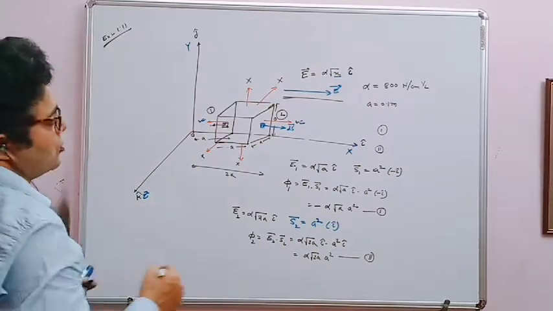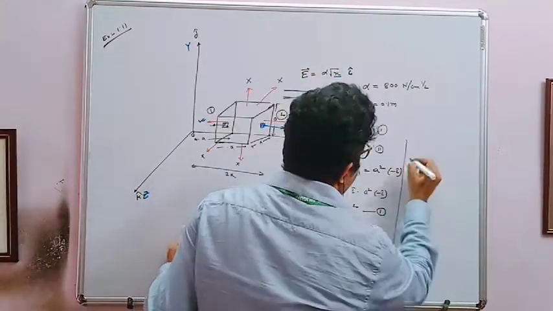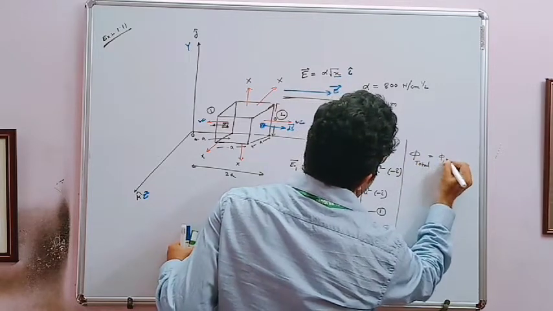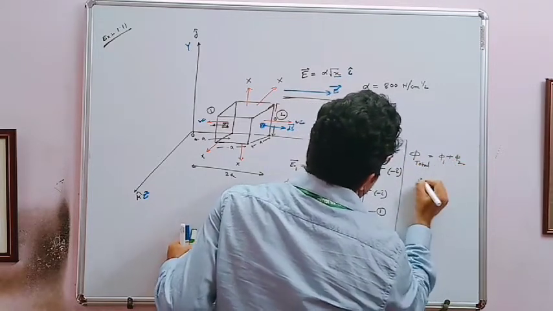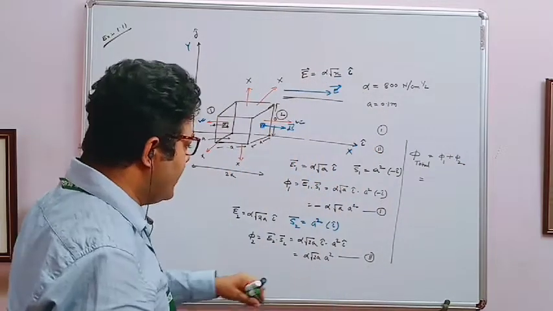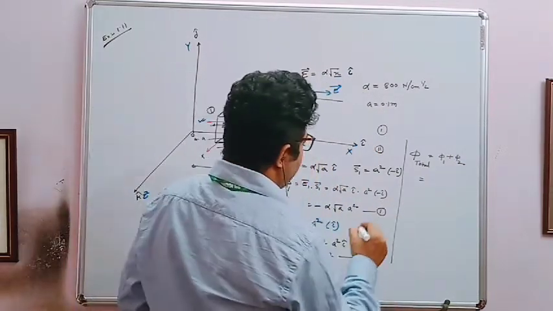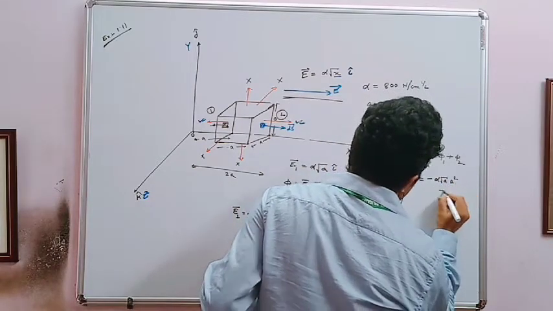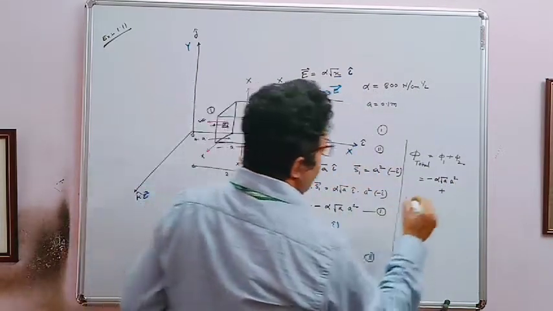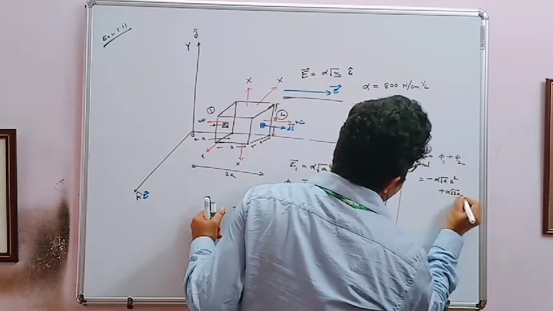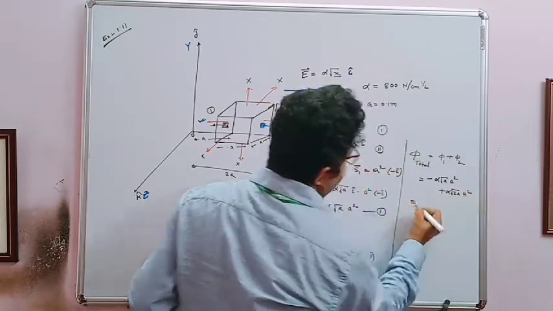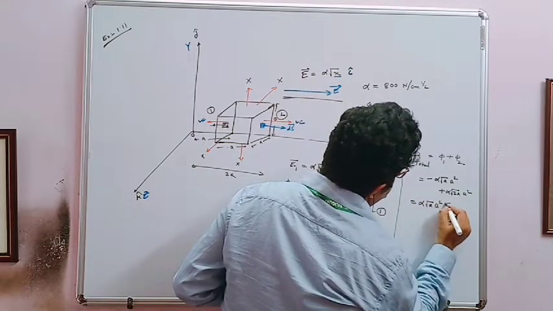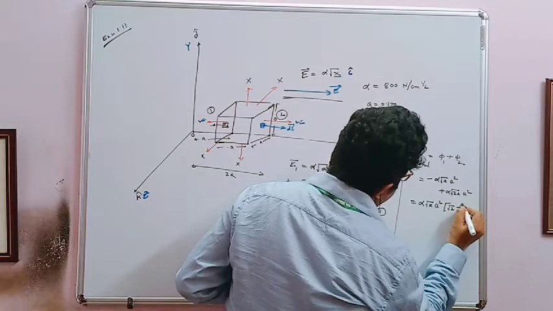So what about your total flux? Total flux is flux 1 plus flux 2. Flux 1 is minus alpha root a times a squared, and flux 2 is alpha root 2a times a squared. Obviously the second part is higher, so we can take the common part: alpha a squared root a into (root 2 minus 1).